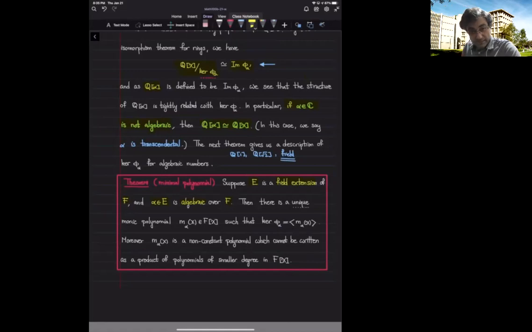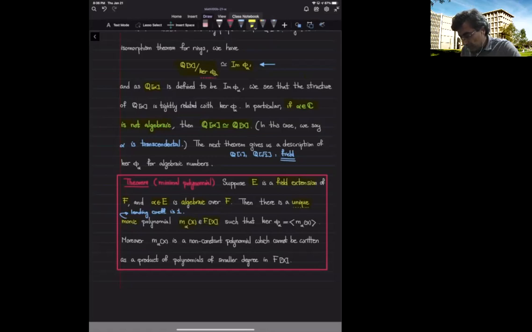And the statement says this, that there is a unique monic polynomial. Monic means the leading coefficient is 1. So there is a unique monic polynomial with coefficients inside F that we denote by m sub alpha.